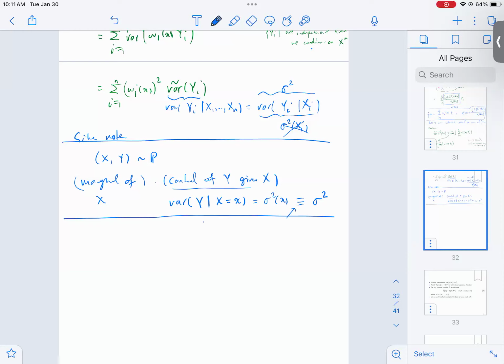We assume for simplicity that the variance of y given x does not depend on x.